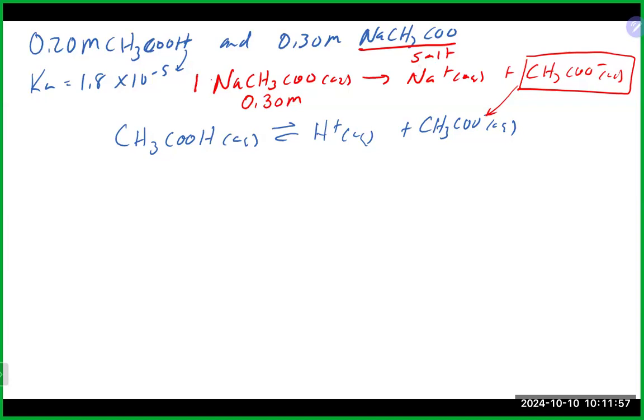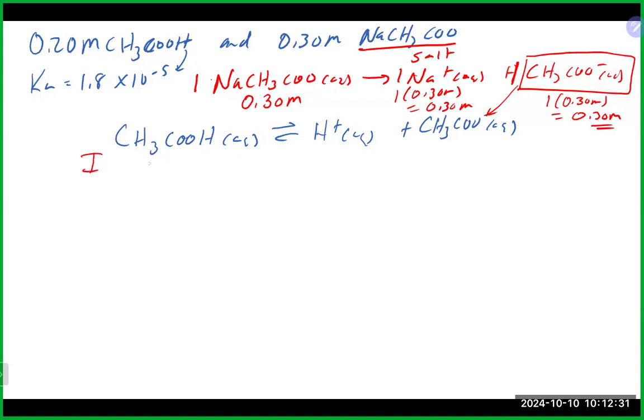It is a 1-to-1 relationship between that and the sodium ions, which means it would be 1 times 0.3 molar and be 0.3 molar for our sodium, which is not really important in this problem, but it also is a 1-to-1 relationship between the acetate and the acetic acid, which means we would also take 1 times 0.3 molar and we would have 0.3 molar. So this sodium acetate is supplying basically 0.3 molar of acetate ions into this solution.